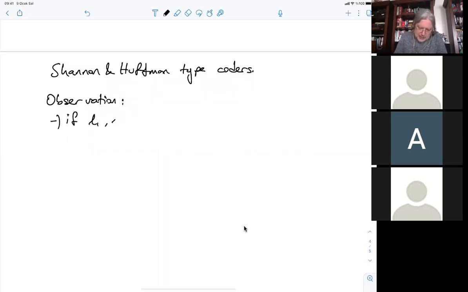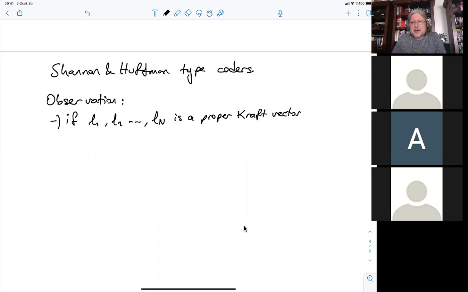If L1, L2, up to Ln is a proper Kraft vector, so what do I mean by proper Kraft vector? It is efficient as well. It satisfies the equality to 1. It means it's a proper Kraft vector.